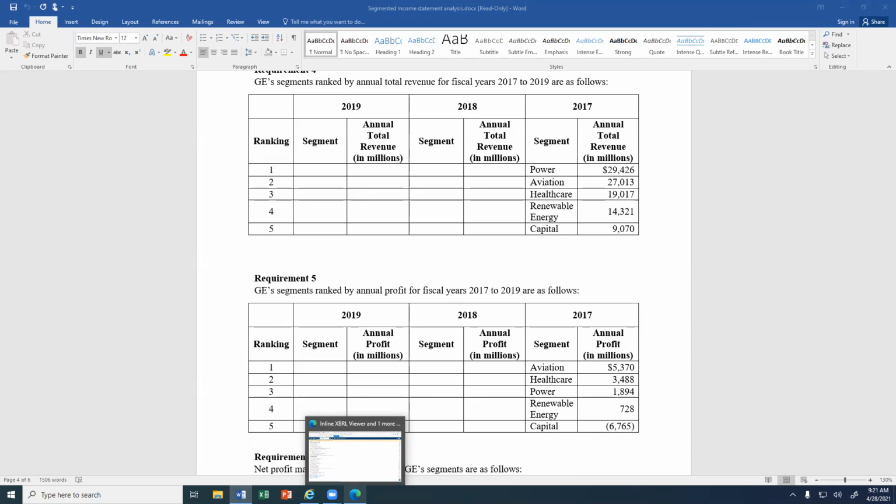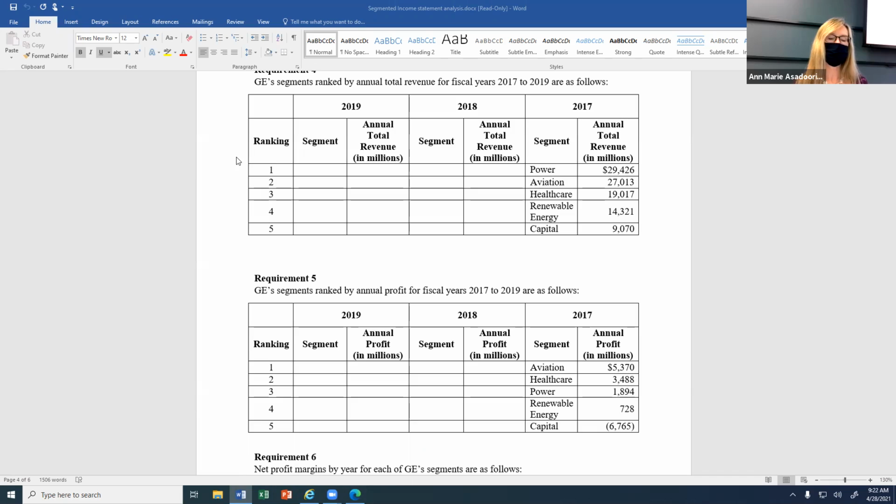Professor, would you mind walking me through how to calculate the segment revenue for power in 2018? I'm just kind of confused how to do it. Are you on footnote 26? Footnote 26, I was just on it.